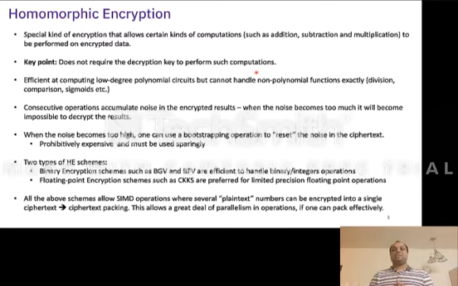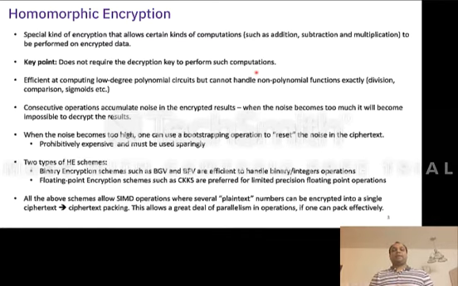These include standard operations such as division, comparison, and sigmoids or ReLUs, all these non-polynomial activation functions used in ML. So one has to resort to some approximations for these functions.